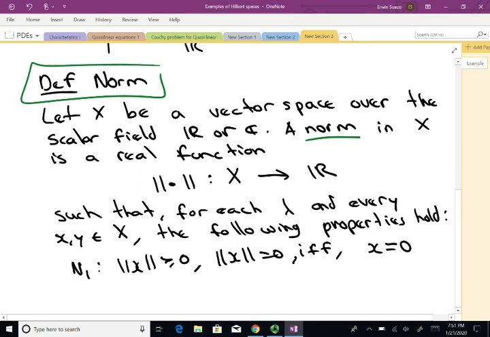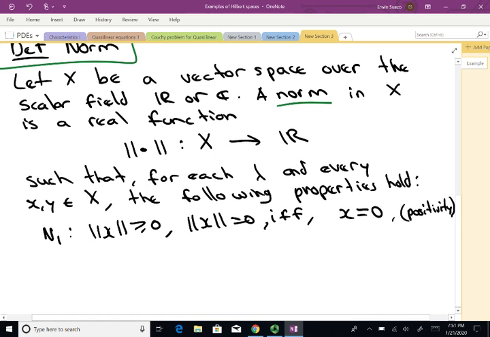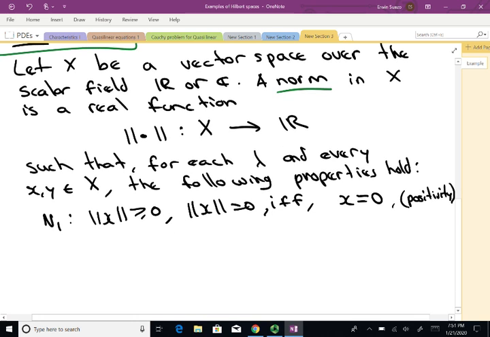Okay, so this is called the positivity property. So think of norm like distance. It is the way we understand distance in mathematics. So the distance you want to be positive, and the distance is going to be zero if and only if that's the zero vector.